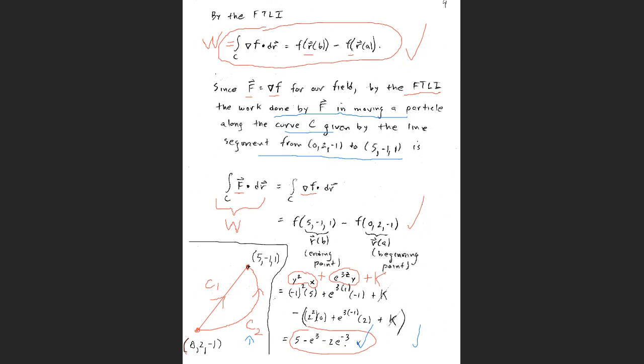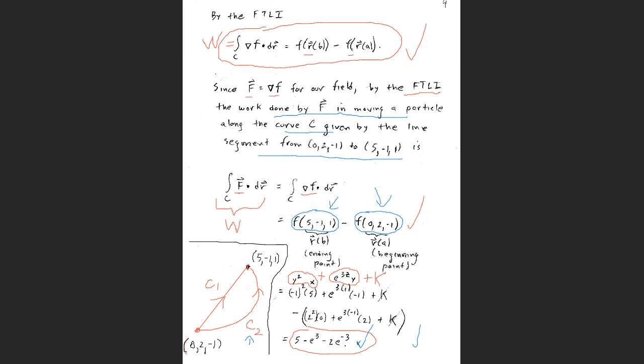That's right, Robin. The work would be the same. That's right, Christopher. The work should be the same. And again, it's because of the way we computed the work. By the fundamental theorem of line integrals, and the fact we had a potential function, the only thing that matters is the value of the function at the beginning point and the end point.